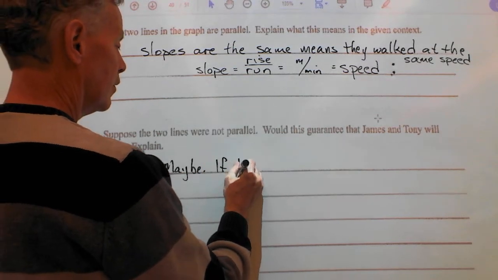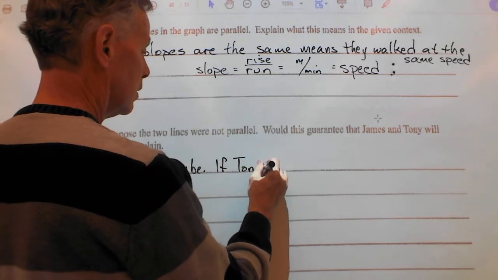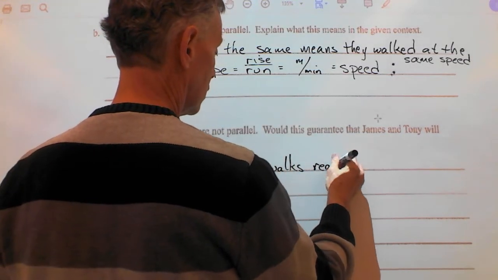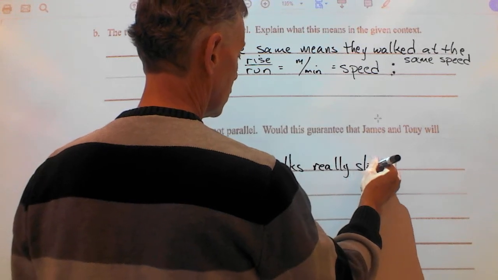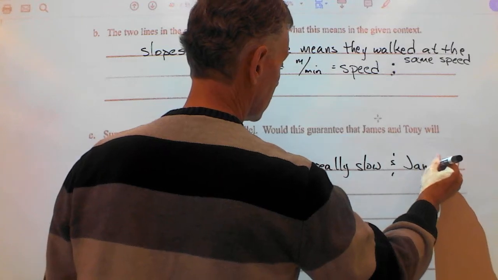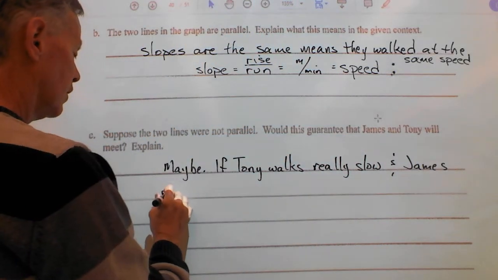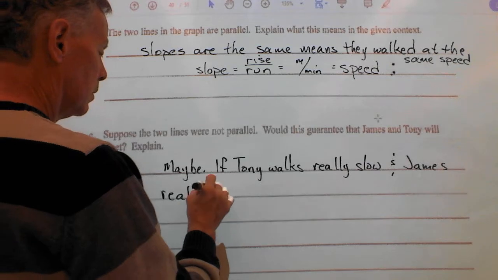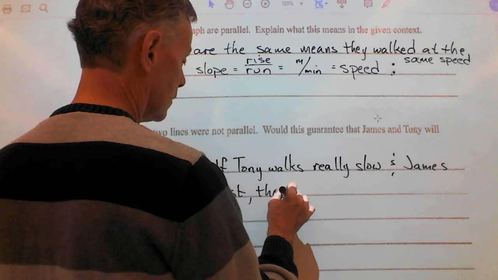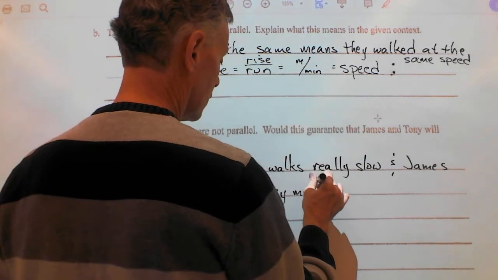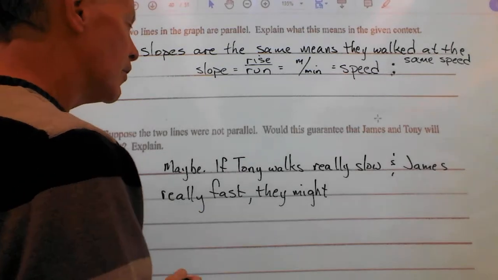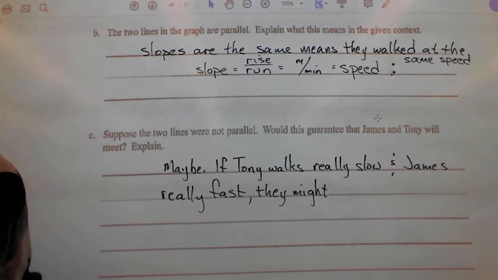If Tony walks really slow and James really fast, they might, okay? However, it absolutely is not a guarantee, okay?